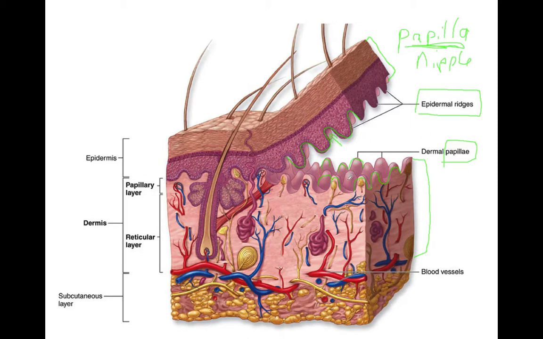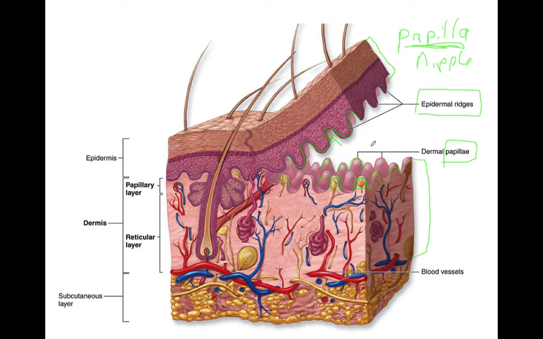So more surface area, and you're going to have lots of this surface area mostly on your fingers, because there's going to be sensory structures right under here. They're going to help pick up sensation. So we want lots of sensation in our fingertips, and we want lots of surface area for a good contact of the epidermis to the dermis, because there's going to be lots of friction on your fingers too.